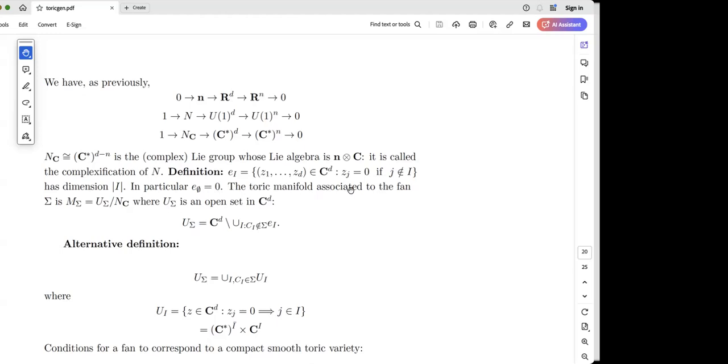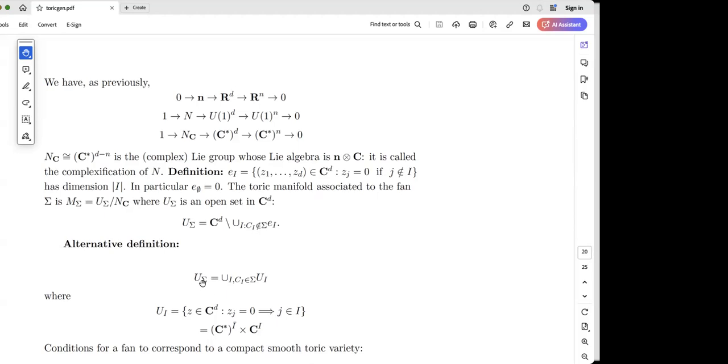So the toric manifold associated with the fan is M of sigma, which is equal to U_sigma quotiented by N_C, where U_sigma is an open set in C^d. This is what you get by taking C^d and removing the points where C_I is not in sigma, and then the E_I corresponding to that.